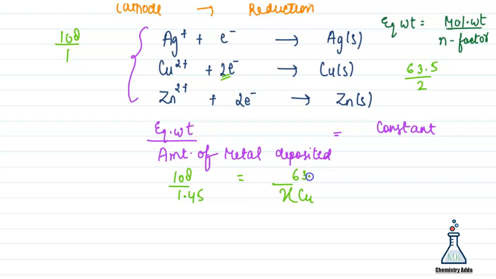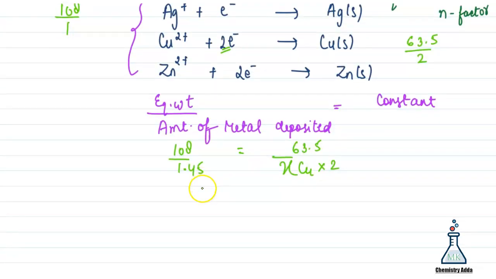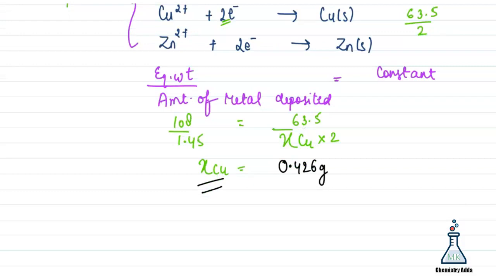The amount of copper deposited, X Cu, will come out to be 0.426 gram. This is our amount of copper deposited at the cathode, because at the cathode reduction occurs.